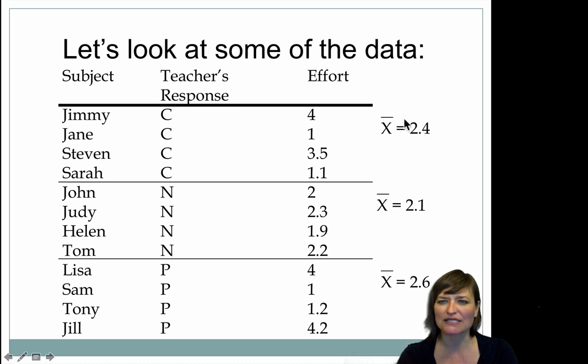And so we might look at this and say, okay, the average was 2.4 in this group, but wow, there was a lot of variability with a lot of people giving very little effort and a couple of people giving a lot of effort. And then we might look at this group and say, okay, the average was 2.1, and oh, yeah, pretty much everyone's right around the average there.